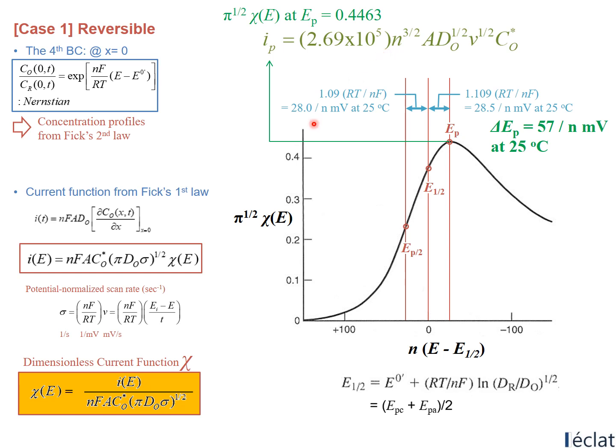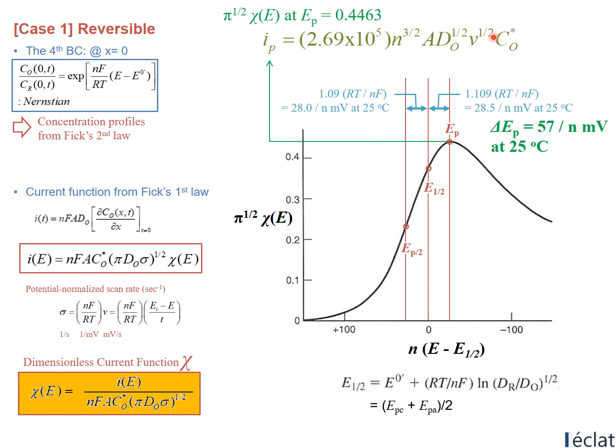So let me check the parameters involved in the first potential independent term: n, F, A, C0 star, blah, blah, blah. So let me check it. C0 star comes from here, and the root square of scan rate from the sigma value. Sigma has just scan rate, so sigma root square means the root square of scan rate right here.